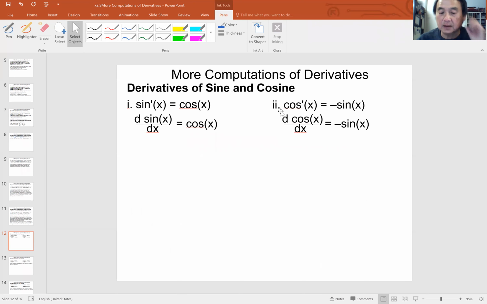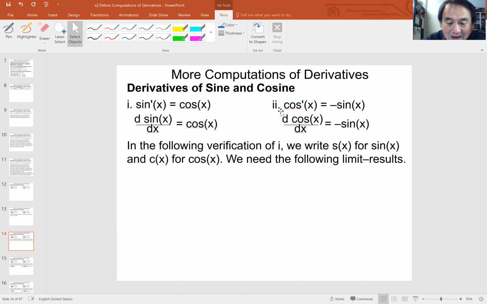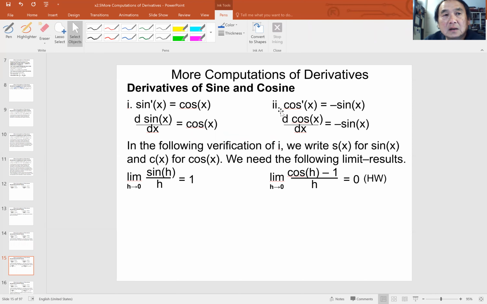Next, we're going to talk about the basic derivatives for the trig functions. The derivative of sine of x is cosine of x, and the derivative of cosine of x is minus sine of x. We're going to derive these here. The first one, the derivative of sine is cosine, basically comes from the addition rule for sine, the sine of the sum of two angles, and these two particular limits.